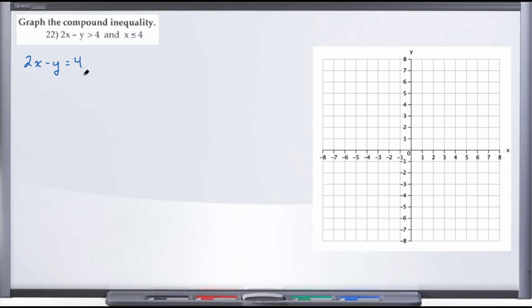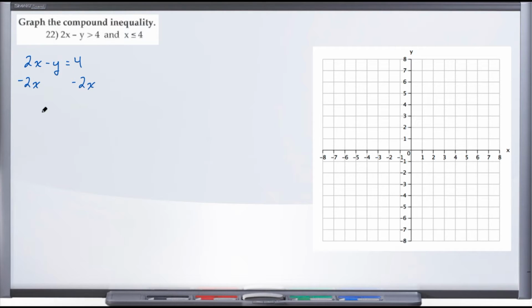You'll remember that we can graph this equation now exactly like we would any other time. We can either choose x and y intercepts, or we can come up with other points, or we can put this equation into y equals mx plus b. Whatever you want to do for graphing is perfectly fine. I'm going to use y equals mx plus b.